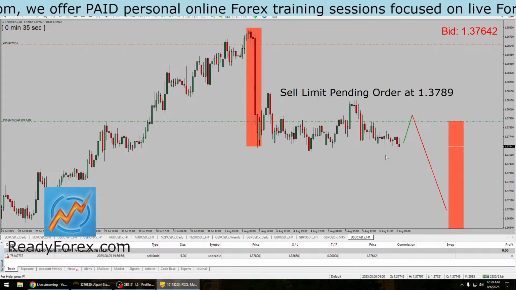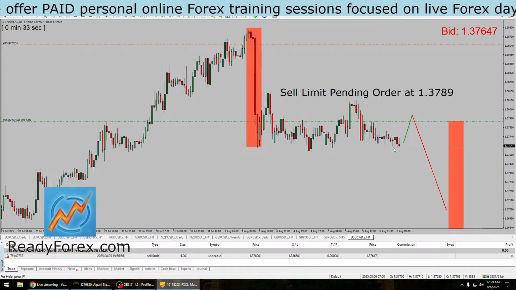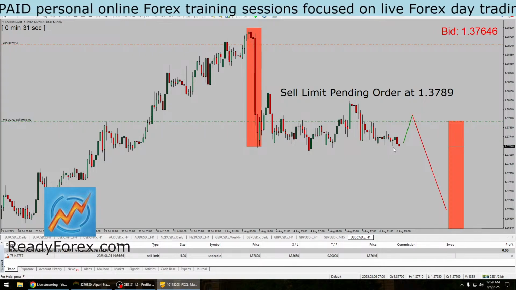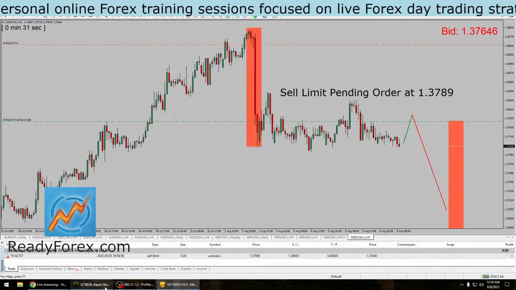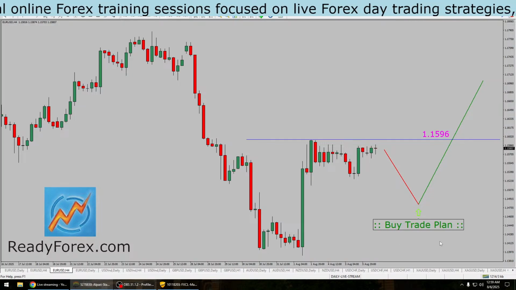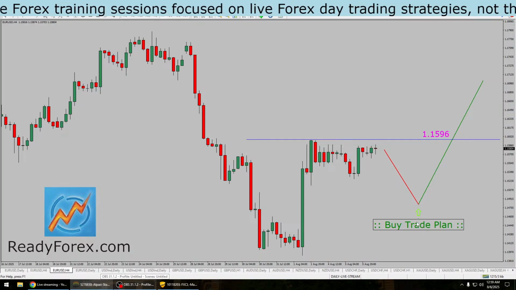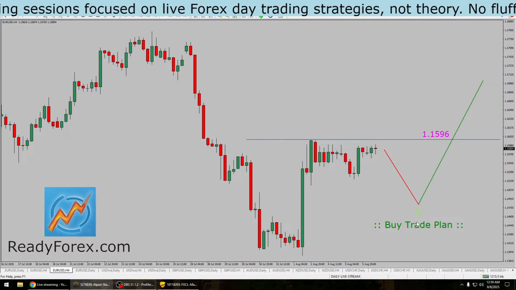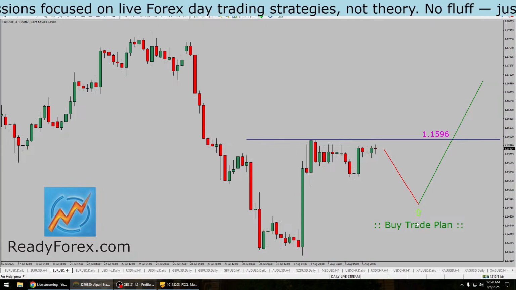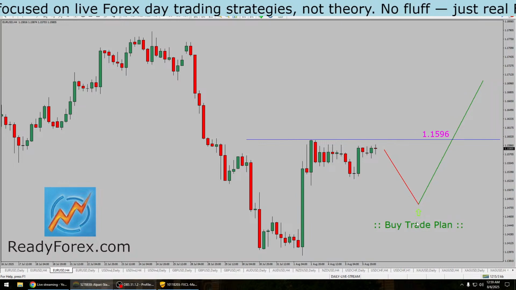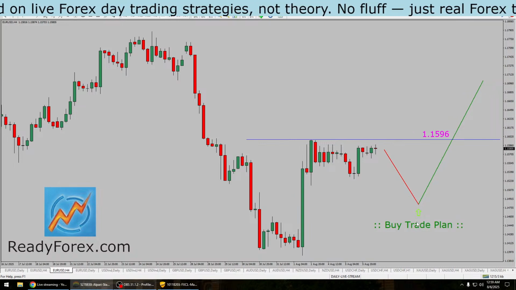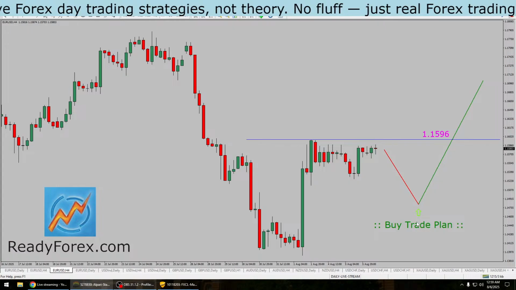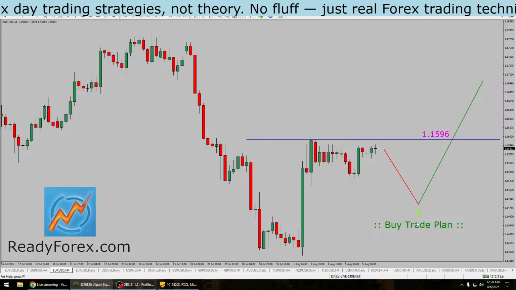The forecast is bearish, by the way, in USDCAD currency pair because the trend is down in USDCAD. And yesterday I uploaded a separate video with detailed US dollar CAD Elliott wave count. So if you are interested in the detailed Elliott wave count, the daily and the 1 hour time frame, you can check out that video.